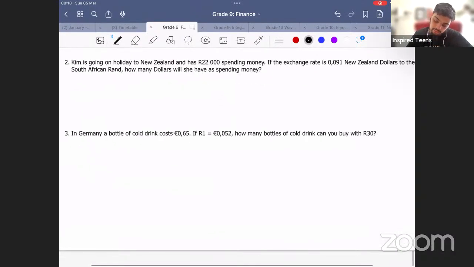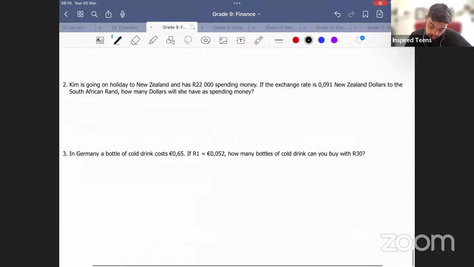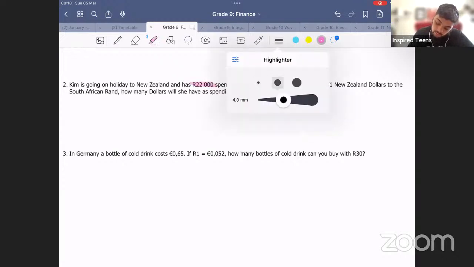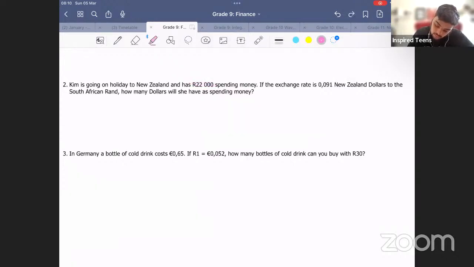Okay, let's look at the second one. Kim is going on holiday to New Zealand and has 22,000 Rand spending money. If the exchange rate is 0.091 New Zealand dollars to the South African Rand, how many dollars will she have as spending money? So again, this is simple, right?